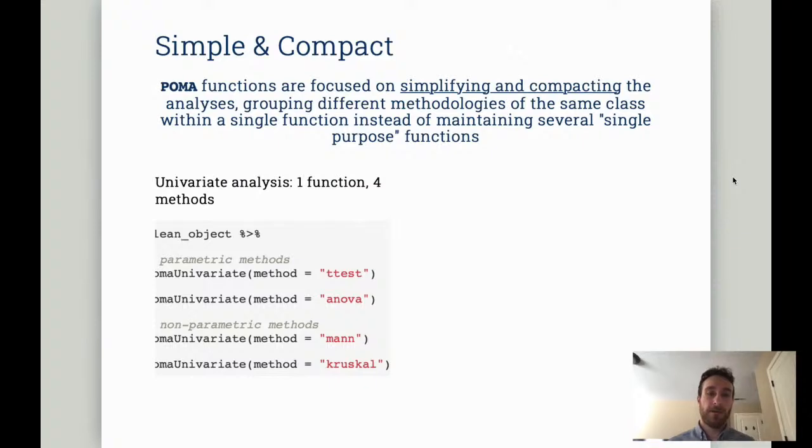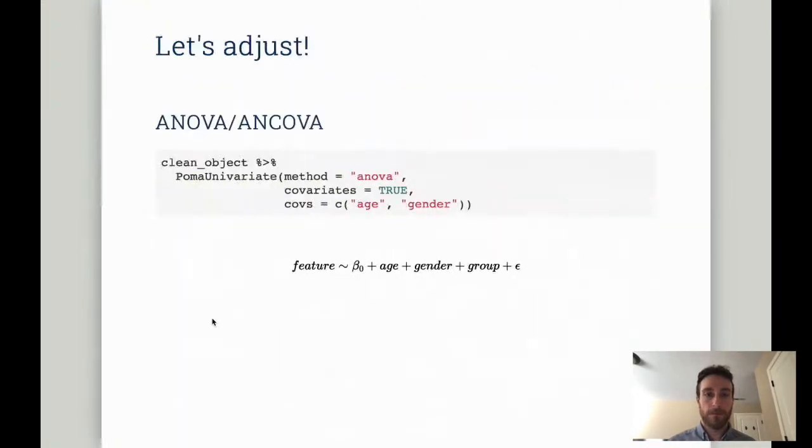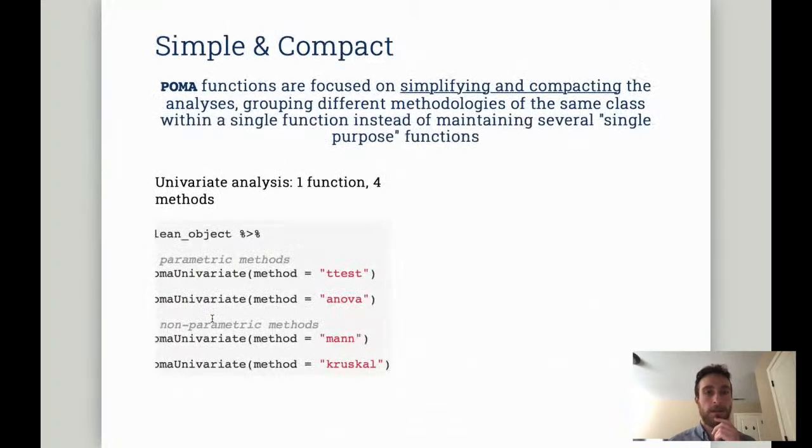So, for example, here for POMA univariate, we have only one function for all the univariate tests in POMA. We can perform all the univariate methods offered in POMA using the same function and only changing this parameter.